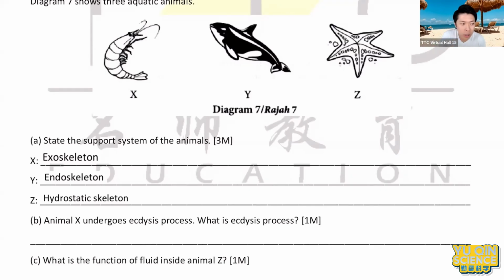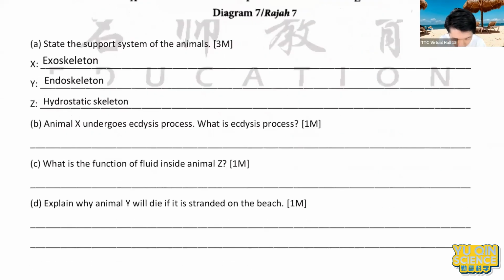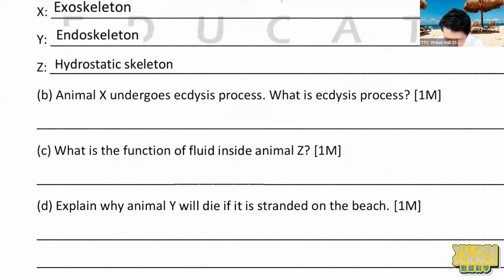So which animal goes through that? X goes through that. Exoskeleton goes through that. And the question now is actually asking what is ecdysis. The very important words here are shedding of your old skin or old exoskeleton. Okay, shedding of old exoskeleton.